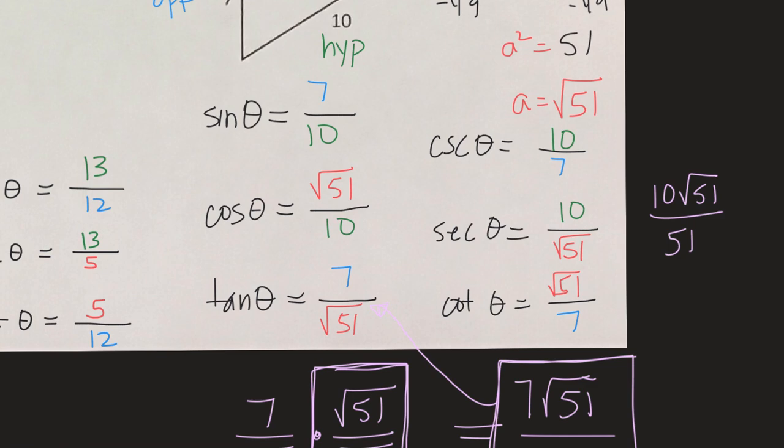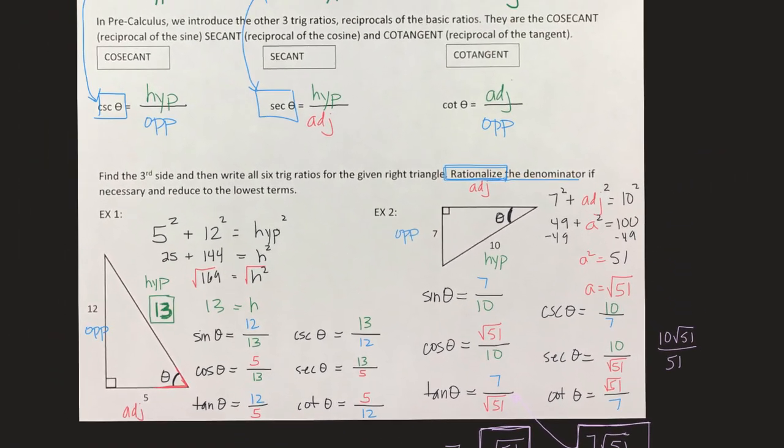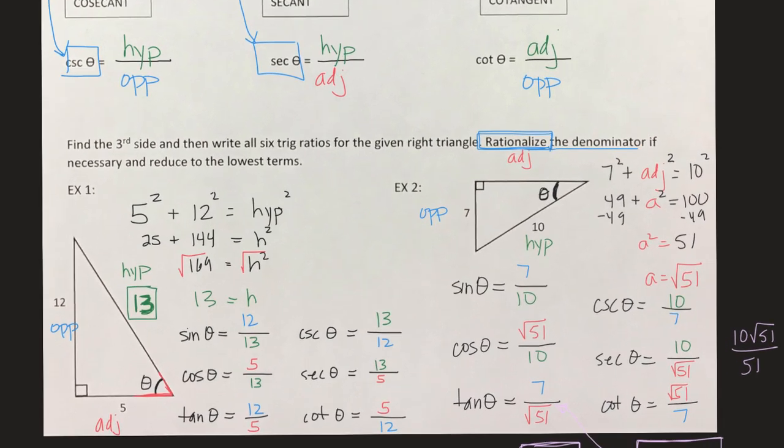It's a pretty simple hack, but the math behind it is you want to make the denominator no longer an irrational number. You want to make it into a rational number by multiplying it by itself. So you might see that in the future, or if you're asked to do it, that is how you do it. Okay, so let's flip to the back and look at the rest of these notes.